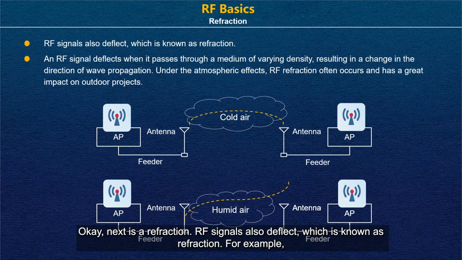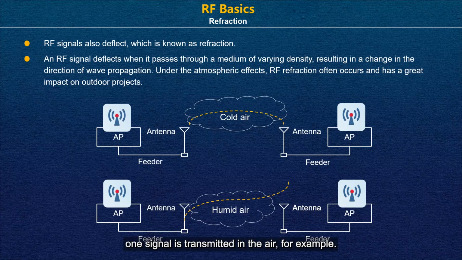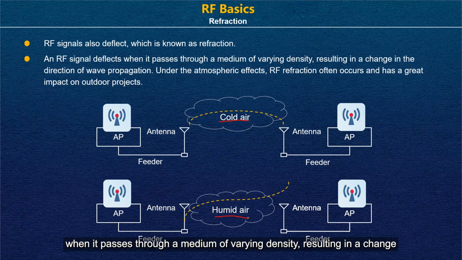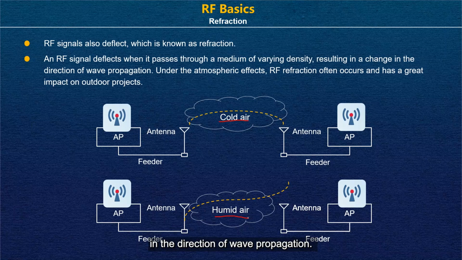Okay, next is refraction. RF signals also deflect, which is known as refraction. For example, when they are transmitted in the air, if it's cold air or humid air, the result would be different. An RF signal deflects when it passes through a medium of varying density, resulting in a change in the direction of wave propagation under atmospheric effects.